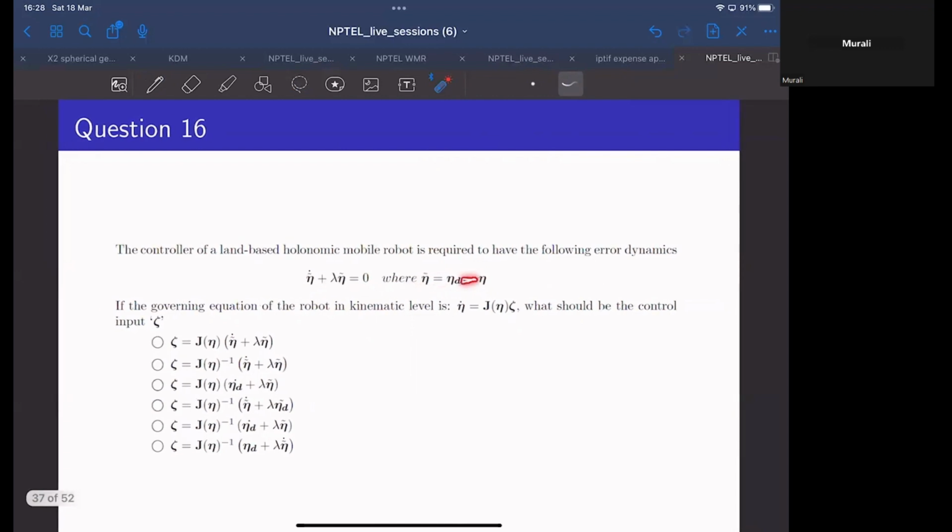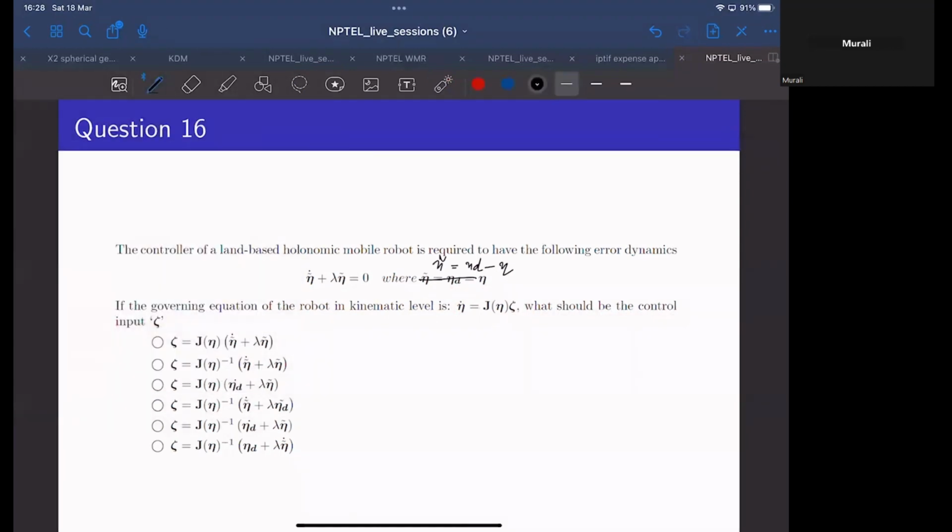This is a minus actually, not equal to. Eta tilde would be eta desired minus eta. The question says if the governing equation of the robot at the kinematic level is eta dot is J of eta times nu, what should be the control input?